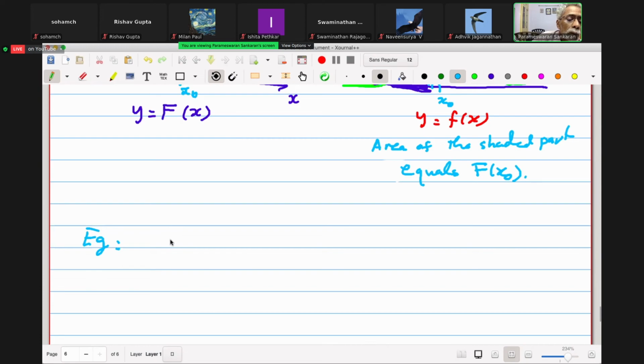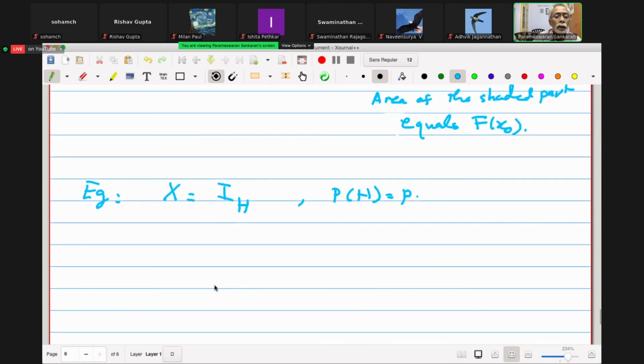So X is equal to the indicator function of H, probability of H is equal to p. Okay, and then what is the F of x? So F of x is equal to 0 if x is less than 0.